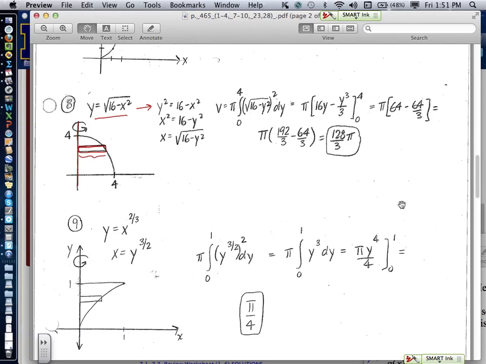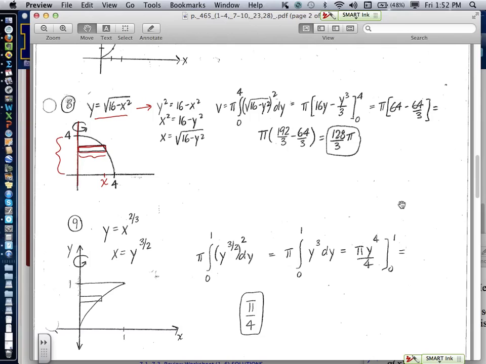This is your radius, so that distance is whatever that x coordinate is. X is the square root of 16 minus y squared. So here's your radius squared. You're going to integrate with respect to y. Pi is out front, and then your limits of integration are again along the y-axis, 0 to 4. Does that answer your question?